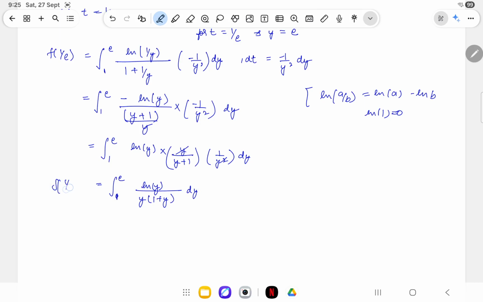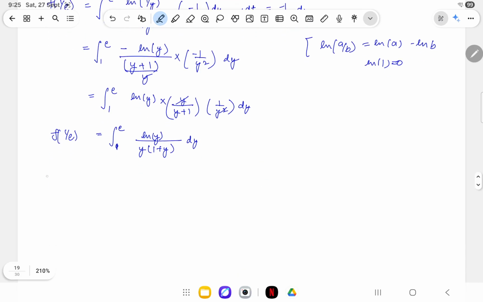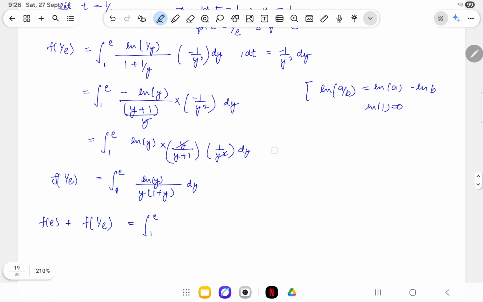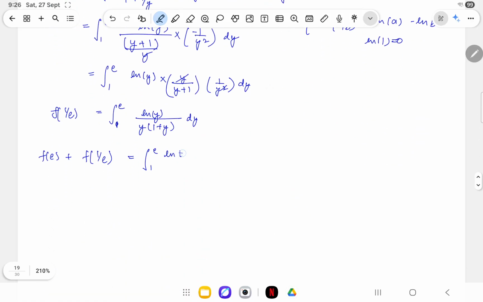This is equal to f of 1 by e, but we're supposed to find the value of f of e plus f of 1 by e. So that will be integration from 1 to e of ln t by 1 plus t dt, and we know that y is a variable, and in a definite integral changing the variable doesn't affect the integration, so it is the same thing as 1 to e of ln t divided by t into 1 plus t dt.